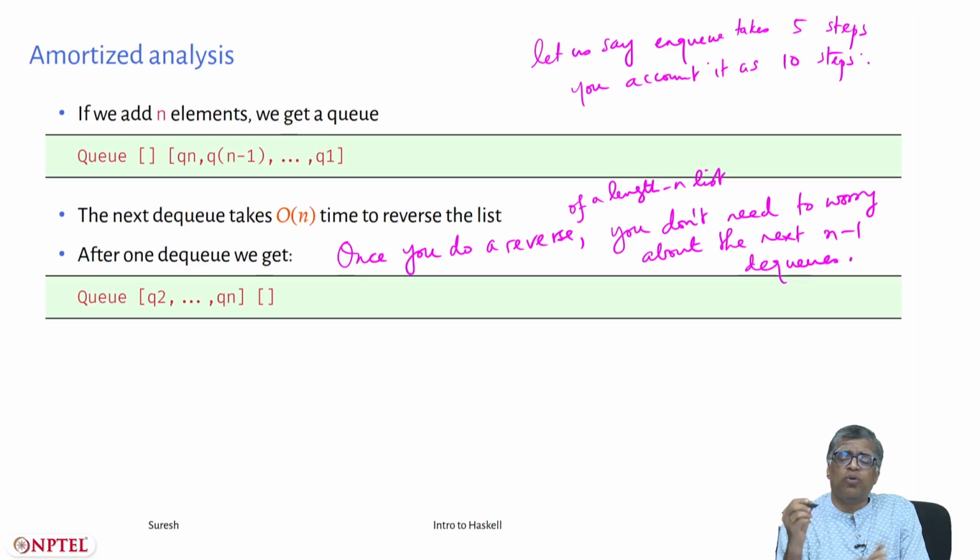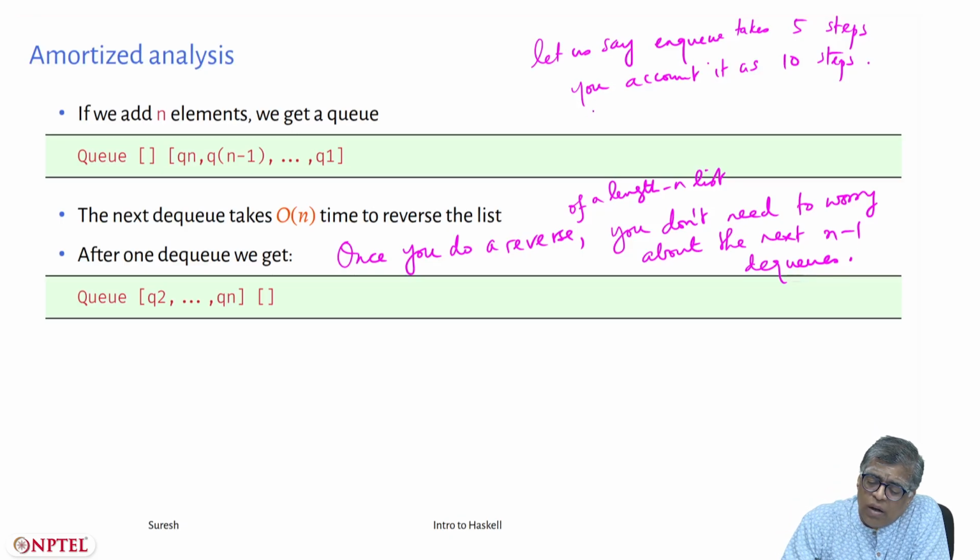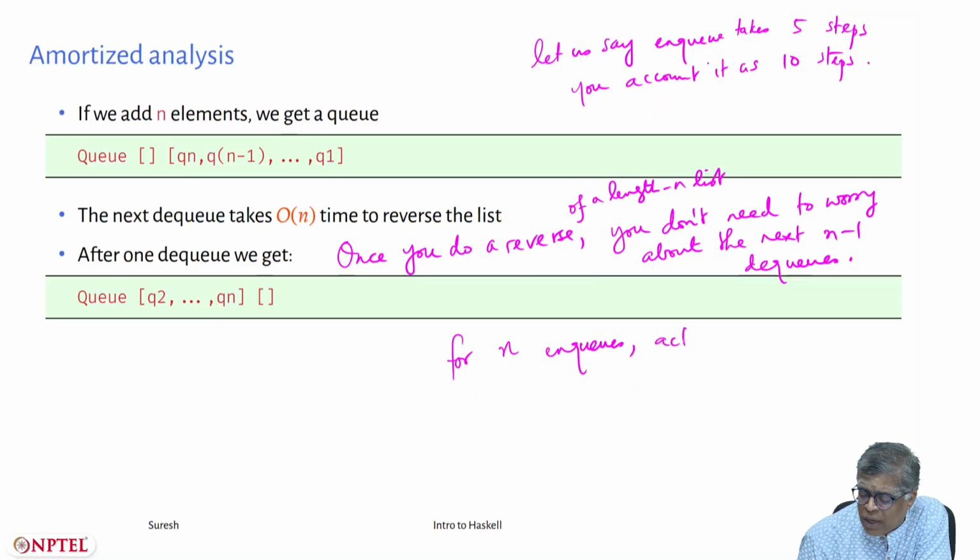Now, if I do n NQs, actual time taken is 5n, my accounting is 10n.